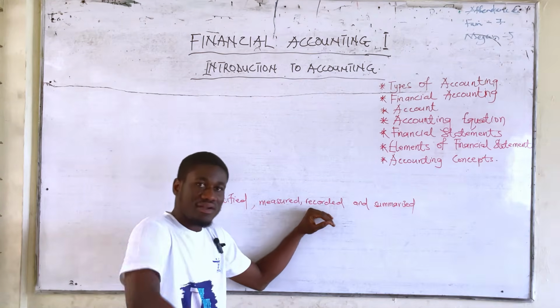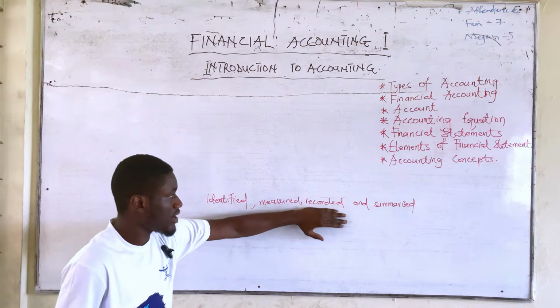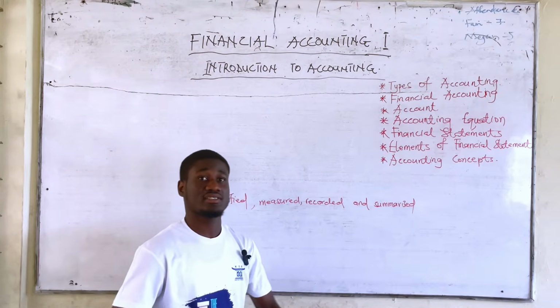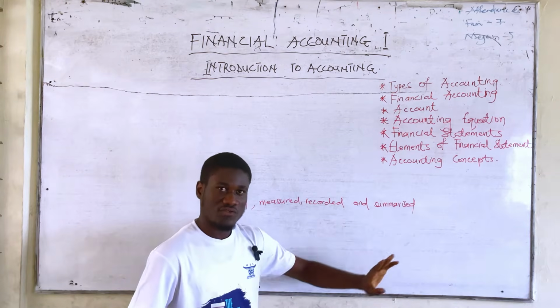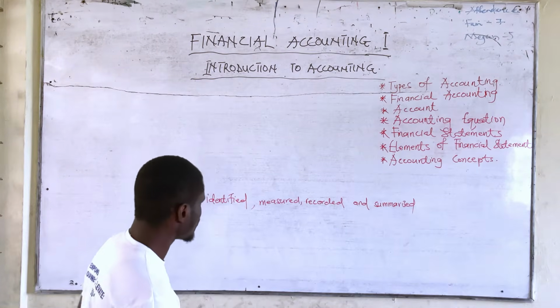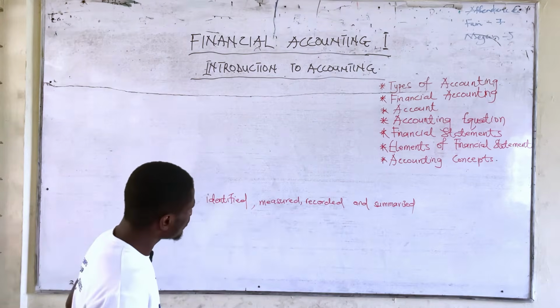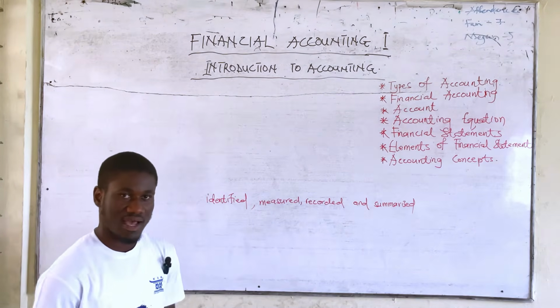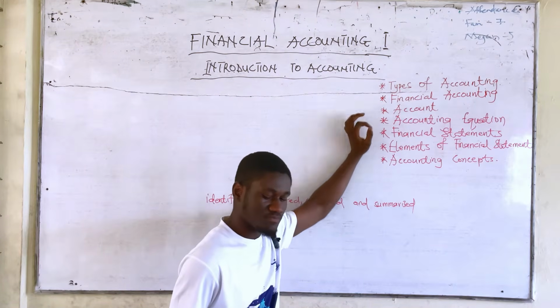After that we record it, it's mostly about recording, and we'll summarize it so that it can be communicated to users for decision making. Good. So first of all, we said recording. Where are we going to record these activities? In the accounts. Do you get it?